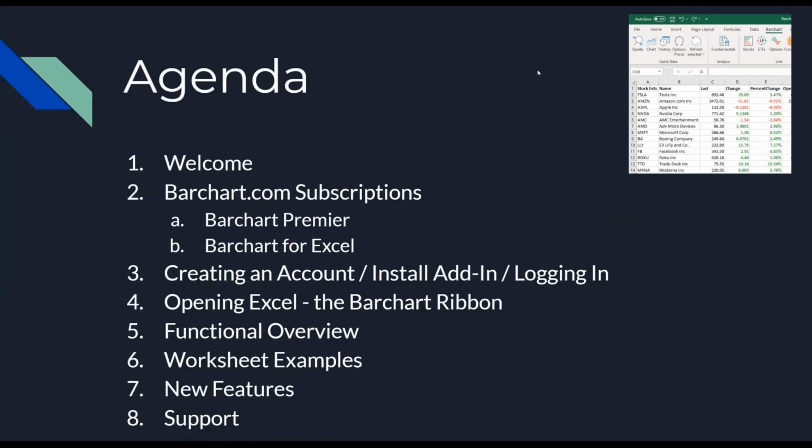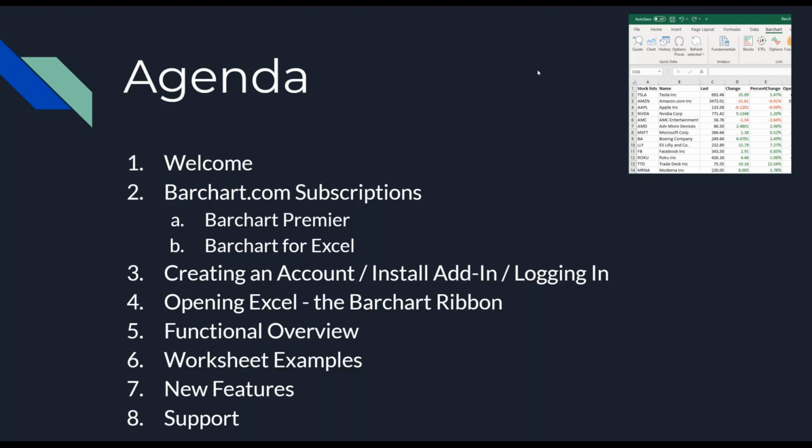So here's the agenda. We're going to talk a little bit about Barchart subscriptions that we offer, including Barchart Premier, and how that is different from Barchart for Excel. We're also going to go over how you create an Excel account and how you install the add-in, as well as logging in.